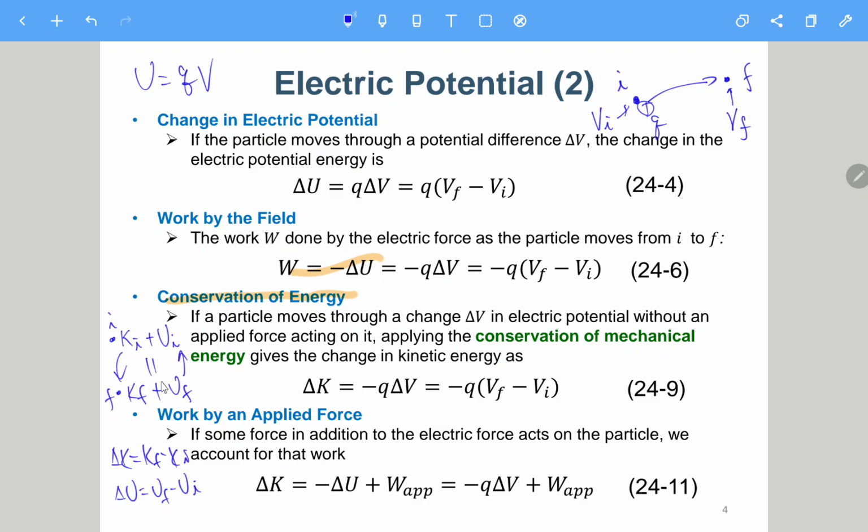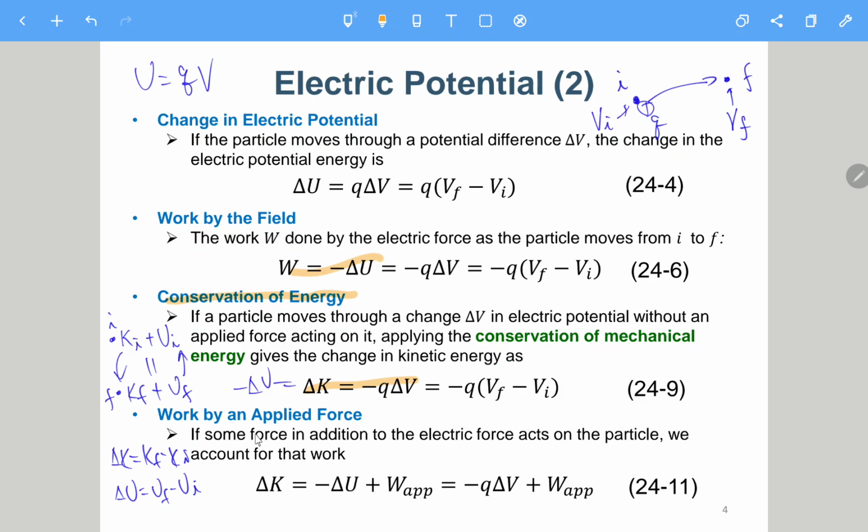If we collect those terms, you can see that delta K is actually equal to negative delta U, and delta U is actually this one, q delta V. So we have negative q delta V equals this thing. This one is due to the conservation of energy.